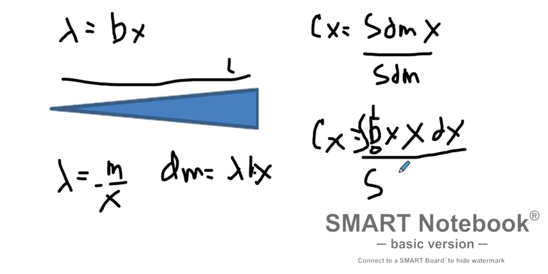So dm is going to be bx times dx, and this, of course, is going to be from 0 to L also.